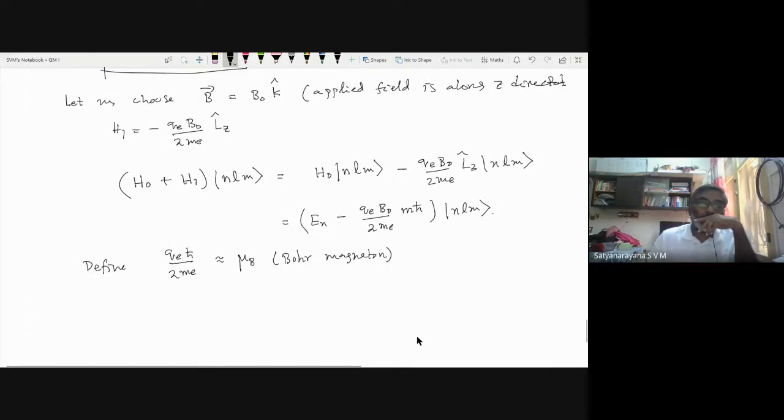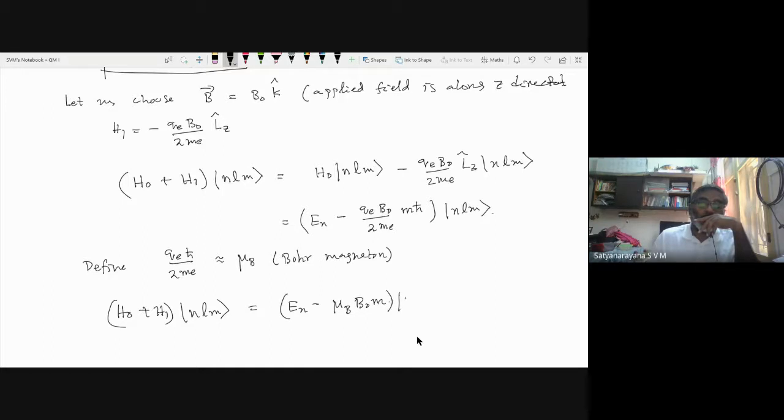Okay, so then you have H0 plus H1 acting on NLM will give you En minus mu B into B0 into M.